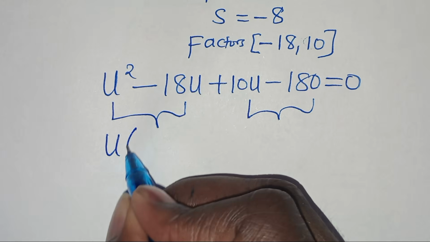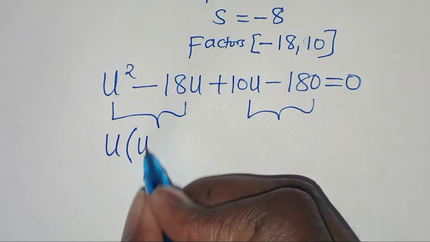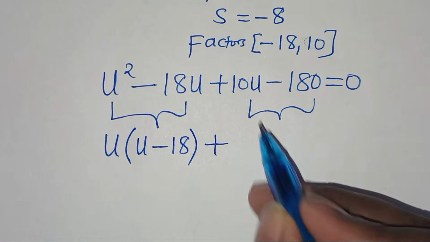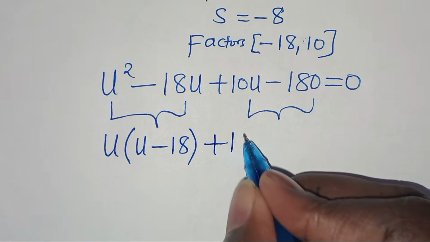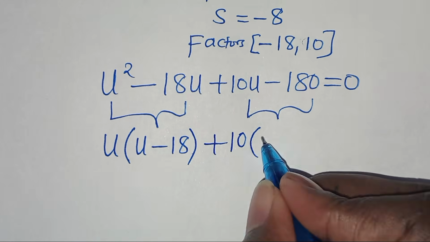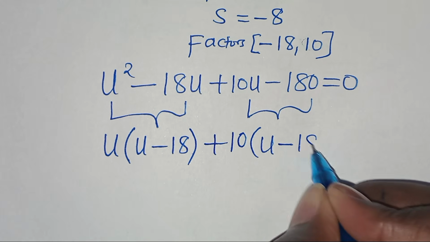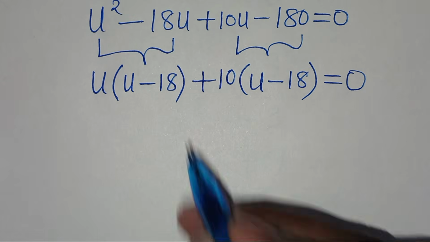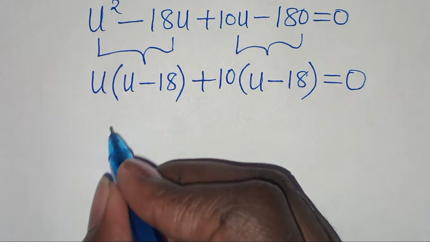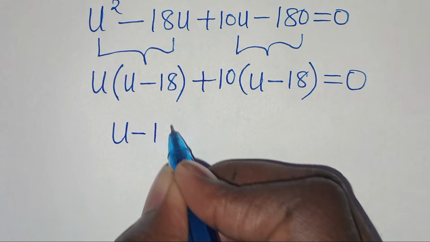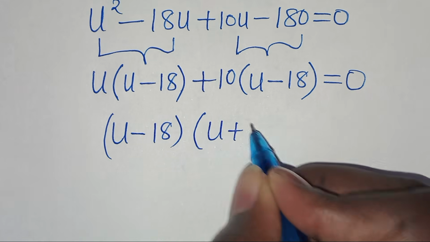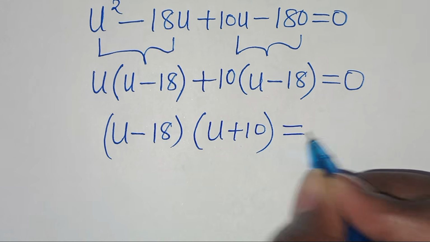We can factor out u so that we have u minus 18 in the parentheses, then plus 10 is common here, so we have 10 times the parentheses u minus 18. This is equal to 0. u minus 18 is common here, so we have u minus 18 multiplied by u plus 10, equal to 0.